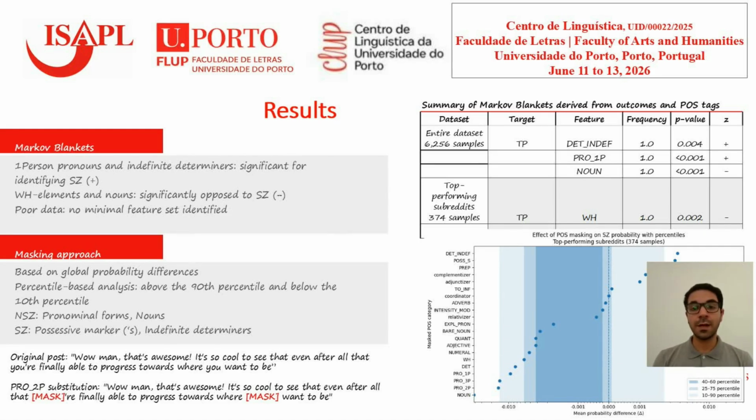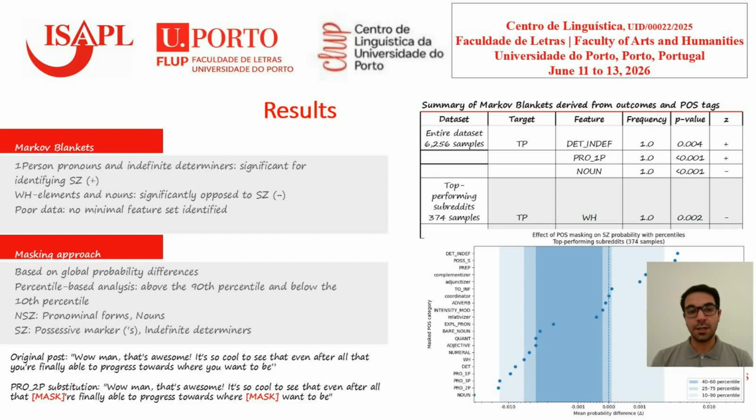We treated the grammatical categories stemming from spaCy and our additional external refinements of its categories as candidate features, and the model's predictions as target variables. What we identified was that there was a minimum set of variables that could account for correct predictions of schizophrenia, composed of the following: indefinite determiners, first-person pronouns, overall nouns, and also WH elements.